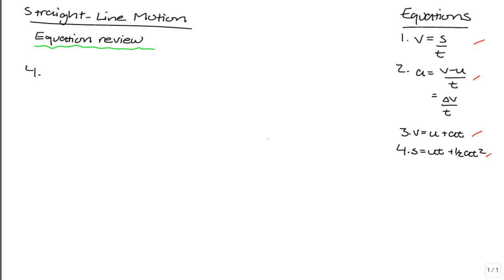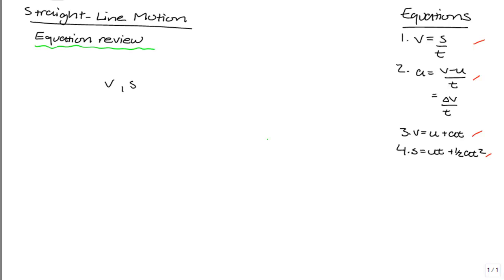Now, the fifth equation that we're going to do will allow us to relate the distance traveled, or the displacement of an object, and the final velocity of the object. Notice that none of our equations relate v and s.